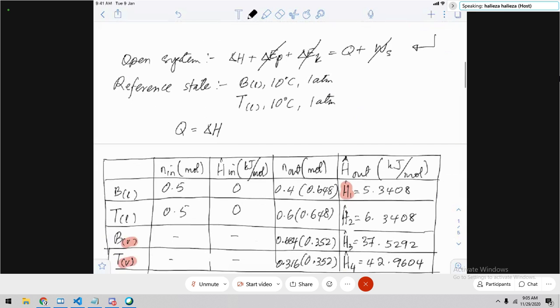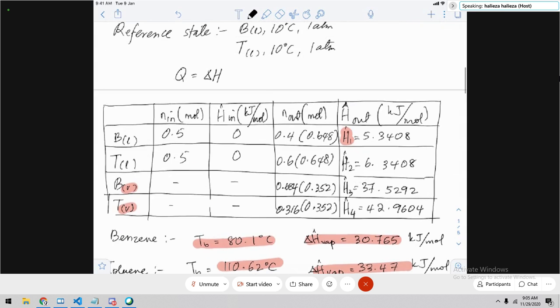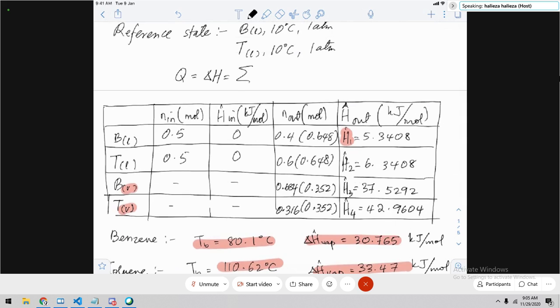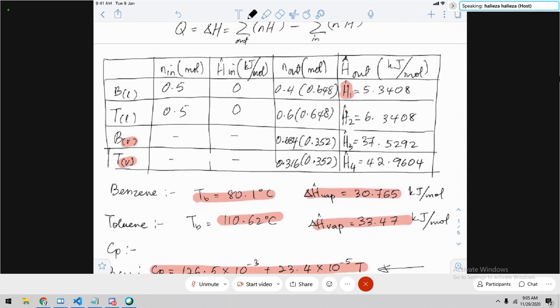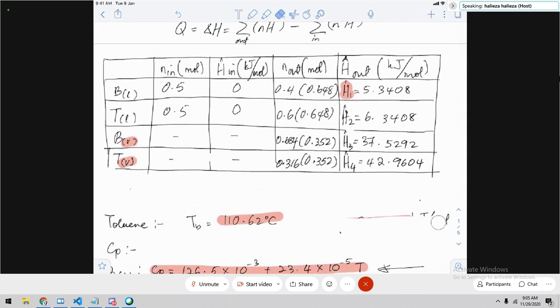So we're going to write that, extend it further. Outlet, your number of moles multiplied by its specific enthalpy, minus the product of your number of moles with the specific enthalpy for the inlet. Since we already have the table written here, I'm going to erase this part because I'm going to do the calculation immediately below here, so that we have the full view of the table.